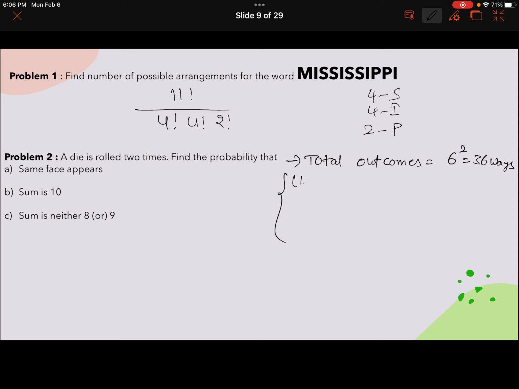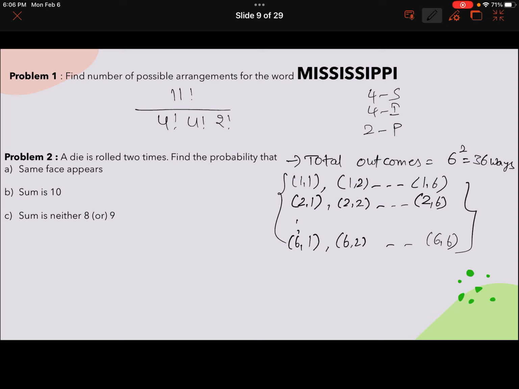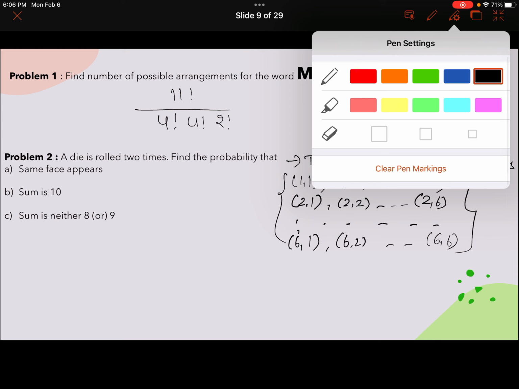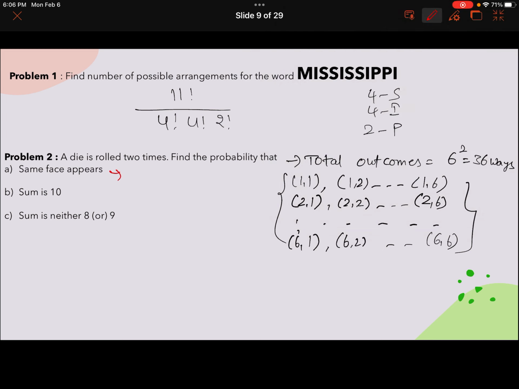As I said earlier, 1 comma 1, 1 comma 2, and so on, 2 comma 1, 2 comma 2, and so on, 2 comma 6, 1 comma 6, 6 comma 1, 6 comma 2, and so on, 6 comma 6. There are 36 ways. The same face appears. That means how many are there?